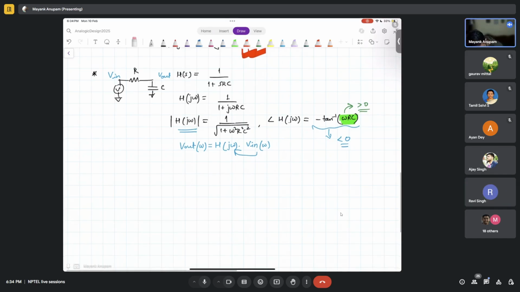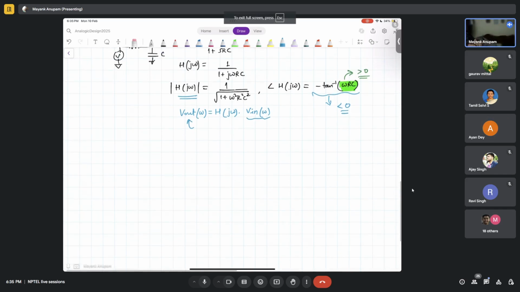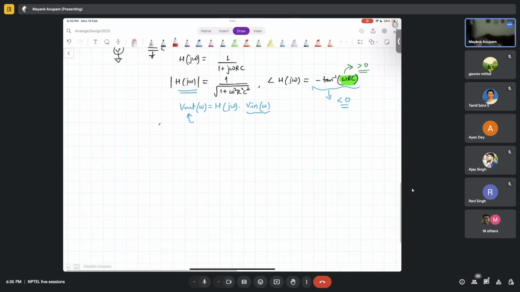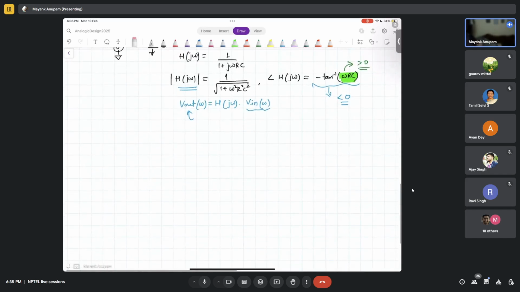Exactly, phase lag. So whatever input you apply, the output phase will be lagging the input, correct? So one way to see this is if you apply a sinusoid at the input, let's say this sinusoid looks something of this kind.